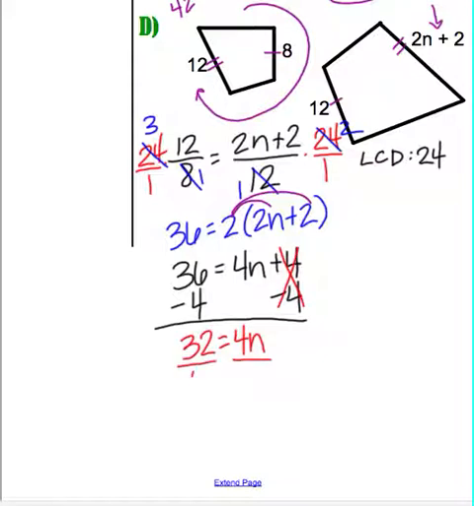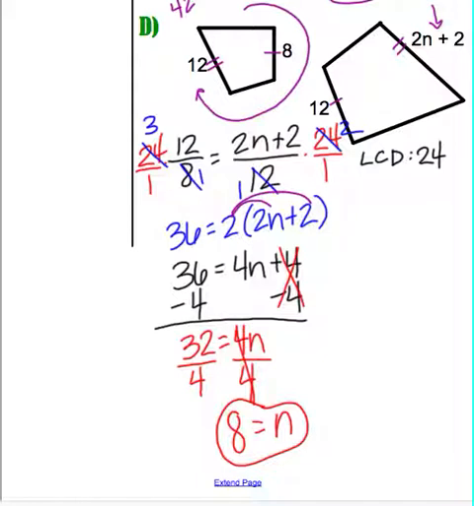Then lastly, I divide by 4 on both sides, canceling the 4's, giving me n, and 32 divided by 4 is 8. Now in these particular problems, I just want the value of n. I don't need what that actual value equals unless I ask for it.